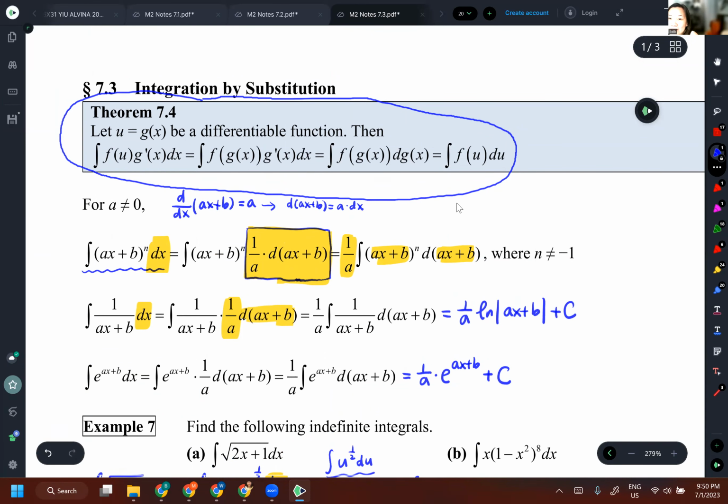Now, if you allow me to explain this whole chunk of formula, you can see that the very beginning of this formula is one integral and everything is in x. Now, the very end of this formula, everything is in u.